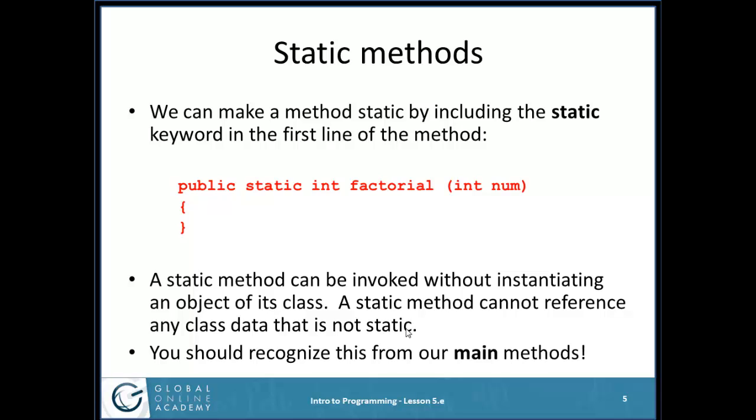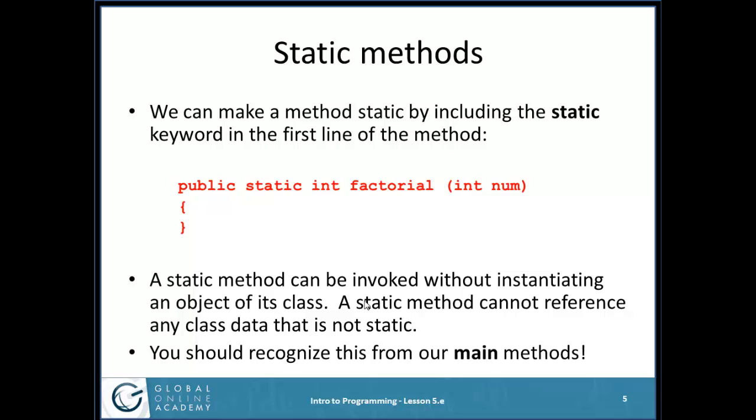Now, we can also make methods static by including the static keyword in the first line of the method. Public static int factorial. Public static void main, which you've already seen. Now, a static method can be invoked without having to instantiate an object of its class. The deposit method, which we created for checking account, was not static.